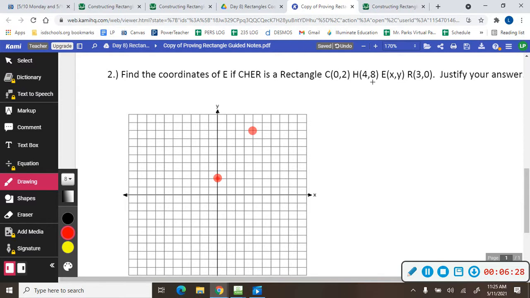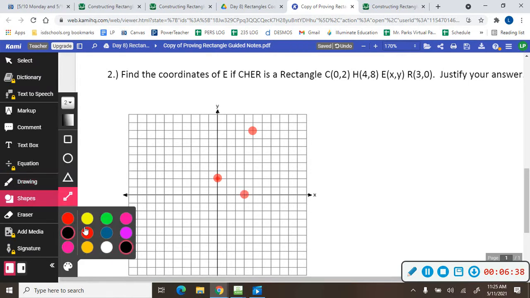You have E, who knows where, and you have R at 3, 0. So I could go ahead and make part of the shape. I know it goes from here to there, and from here to here. So obviously the other point's going to be over here somewhere.